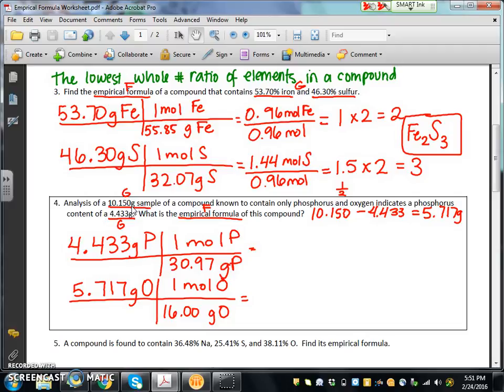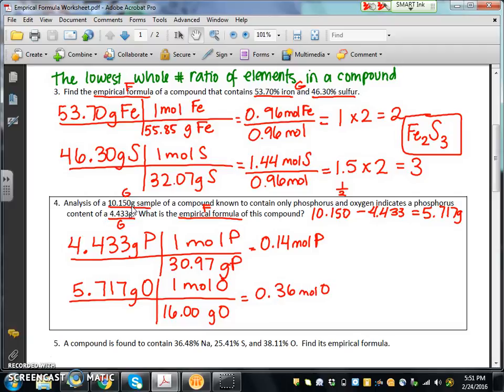So when you plug these into your calculator to convert, we say 4.433 divided by 30.97, we get 0.14 moles of phosphorus. And 5.717 divided by 16 gives us 0.36 moles of oxygen.